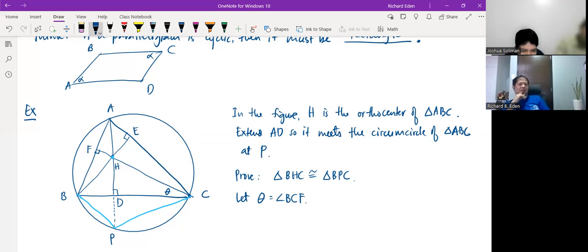All right, so CF, AD, and BE aren't just any Cevians, they are altitudes. So here's the hint, let theta be equal to angle BCF. Now, is there any other angle here which is also theta?